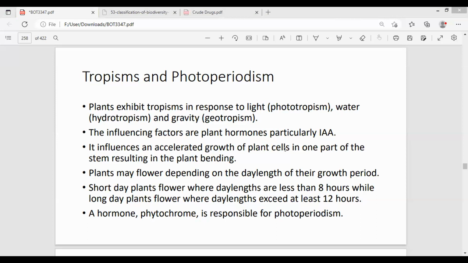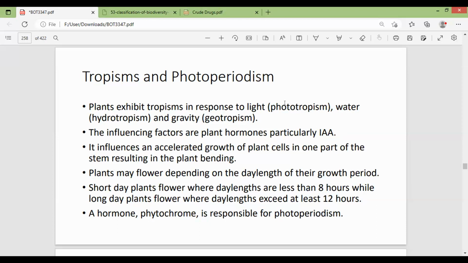And here, the influencing factors are the auxins, indole acetic acid. IAA is another term for auxins. Why auxins? Let's look at phototropism. The plant will be growing towards the light. What grows towards the light? The shoot. And we know the auxins will work on the shoot for the plant to grow towards the light.